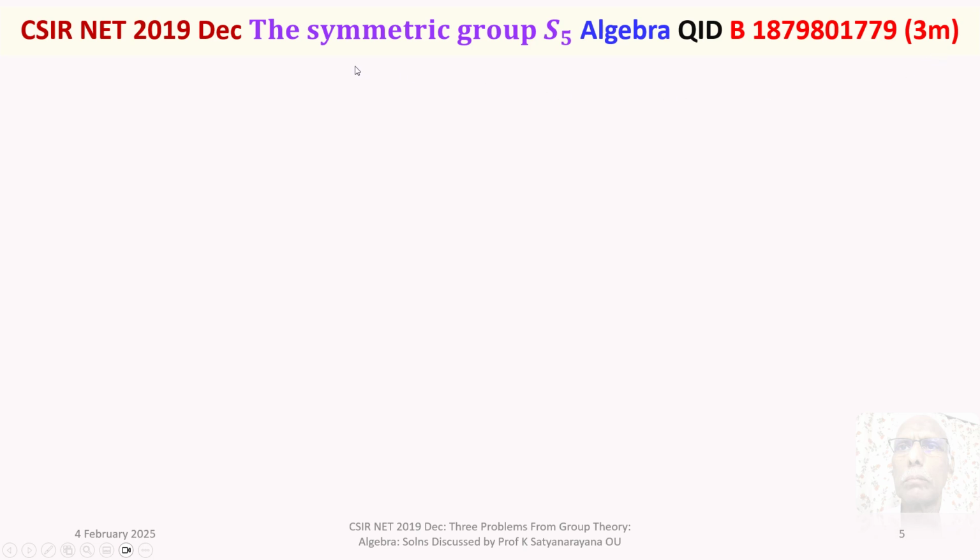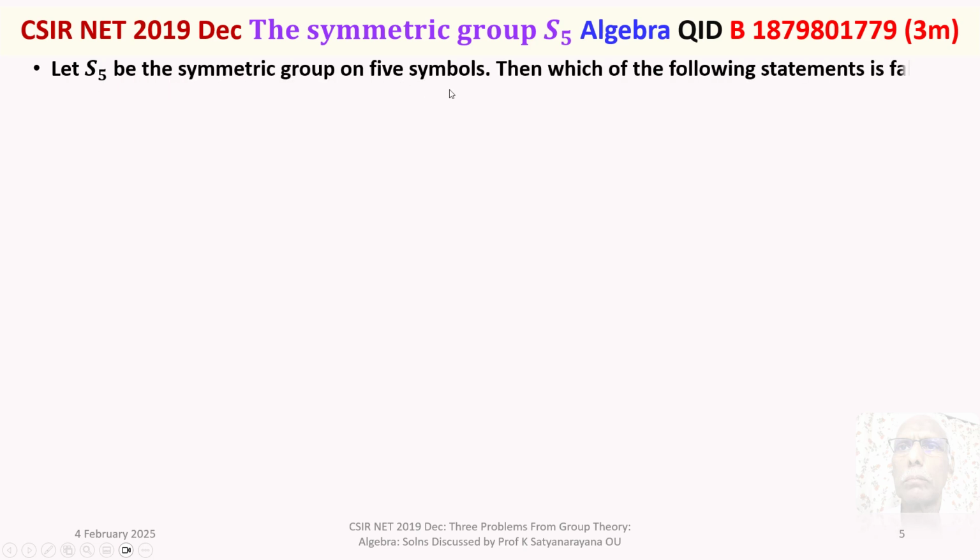And the question is related to S5, the symmetric group on 5 symbols. The given question is, let S5 be the symmetric group on 5 symbols, then which of the following statements is false? We are given 4 options. Option 1, S5 contains a cyclic subgroup of order 6.